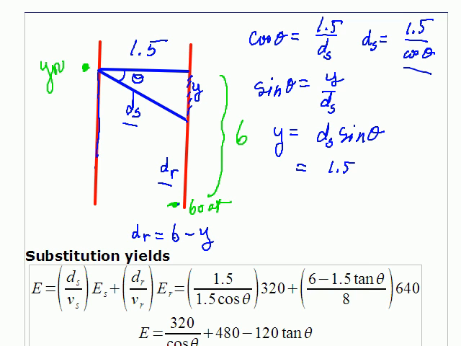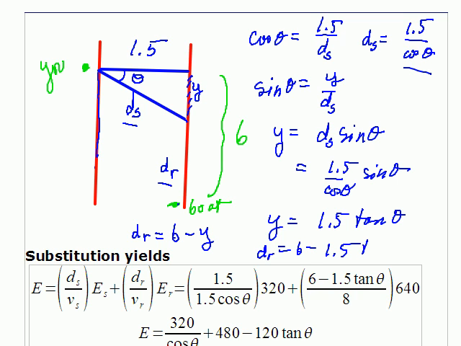That becomes 1.5 over cosine theta times sine theta. So y equals 1.5 times the tangent of theta. All right. And now the distance that I run is 6 minus y, which is 6 minus 1.5 times the tangent of theta. And in the typed equation here, you can see what happened.